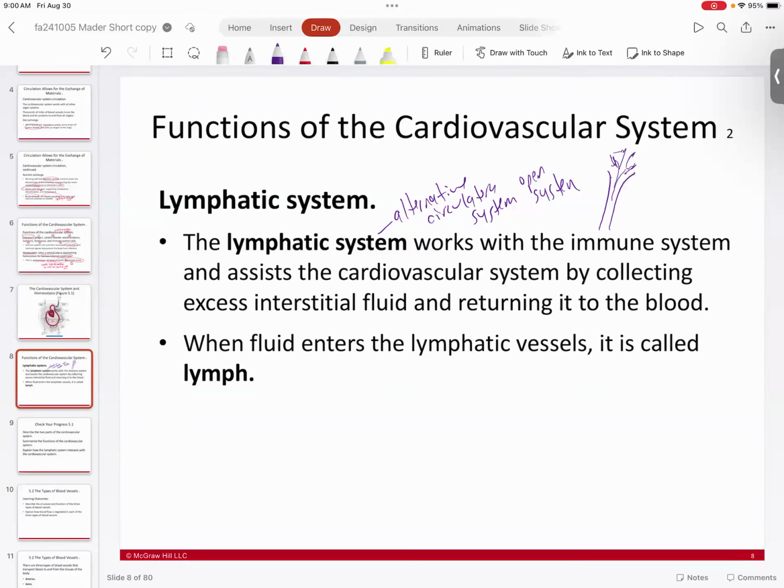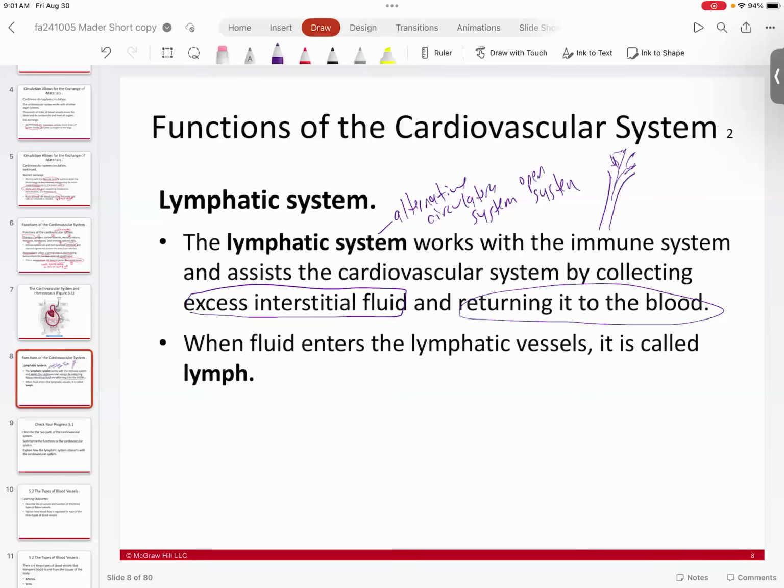And so this is an assister to the cardiovascular system. What it basically does is it helps to regulate your tissue fluid, keeping your tissues from swelling up with fluid. Your lymphatic system acts like a sponge that mops up that excess tissue fluid, and it returns it back into the blood and back into the cardiovascular system.